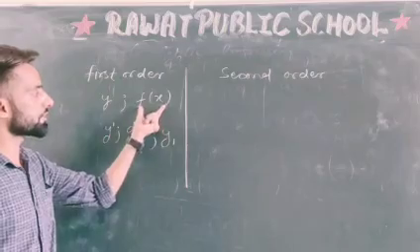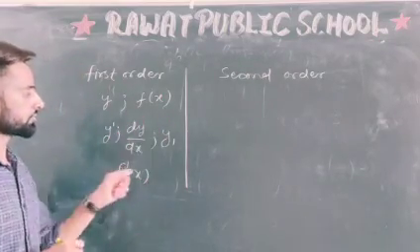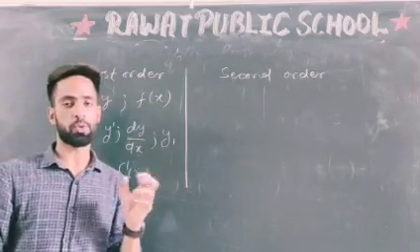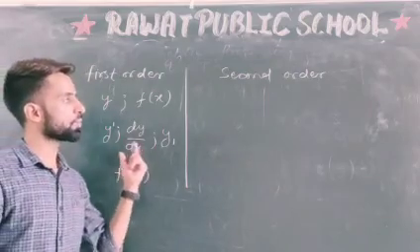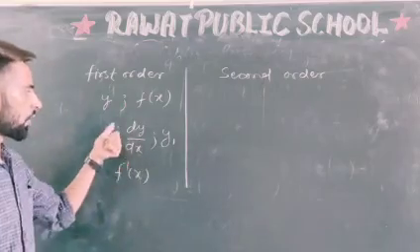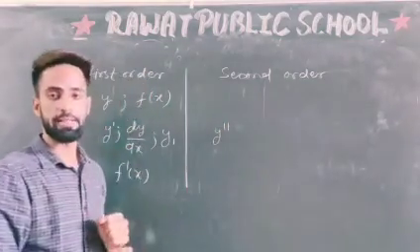If we differentiate f(x), this will be called f dash x. So all these four notations are representing one thing, that is the first order derivative. And if we differentiate these first order derivatives, we get the second order derivative. If we differentiate y dash, it will be written as y double dash.